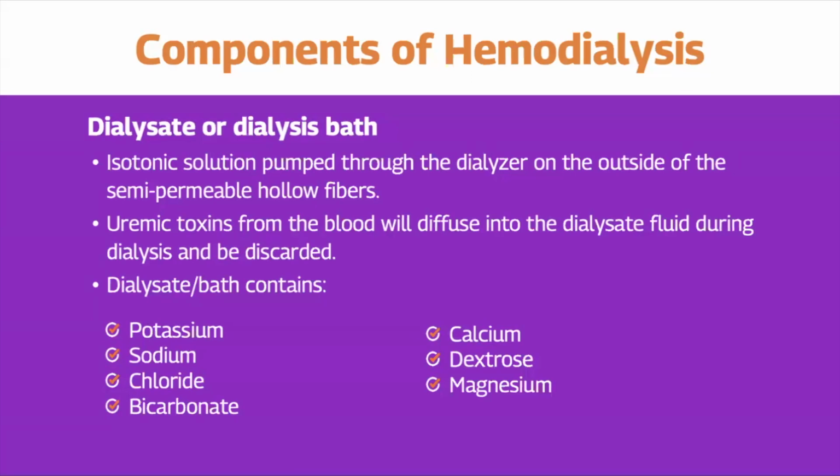The dialysis provider, the physician or nurse practitioner, orders the amount of potassium and calcium they want for each particular patient. Most of the patients are on a similar bath, but there are a few patients on a special bath for their special needs.